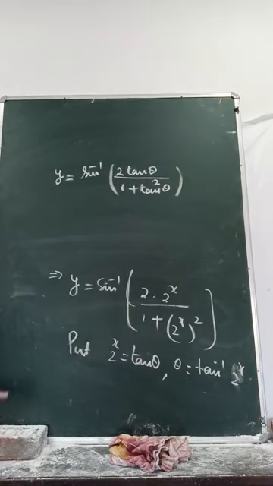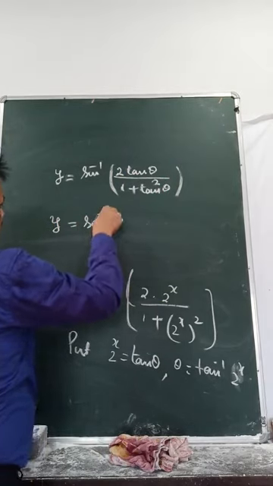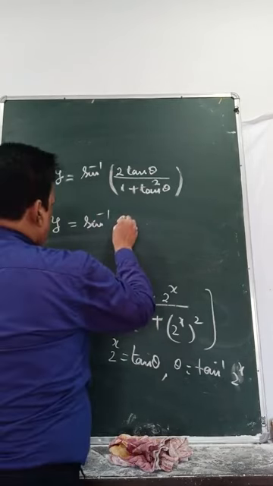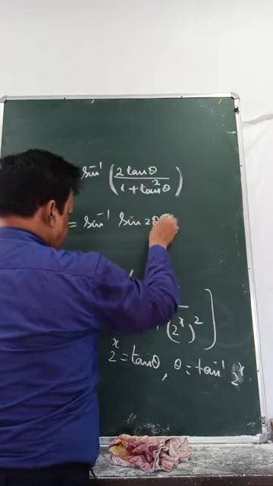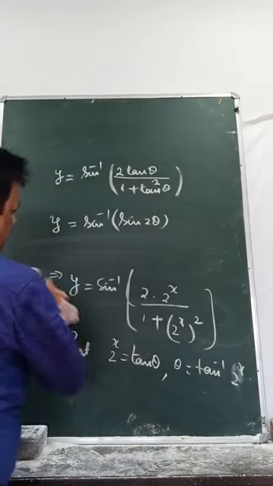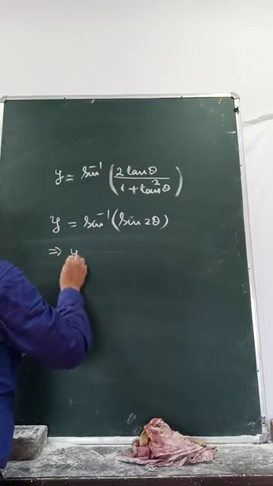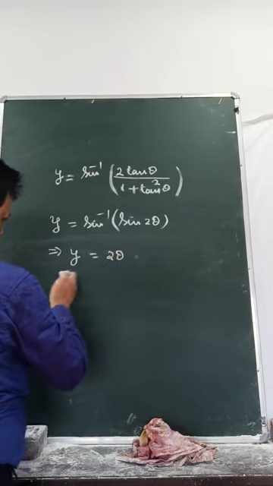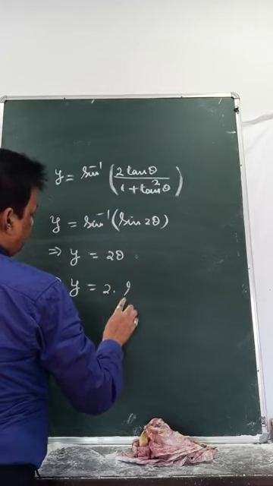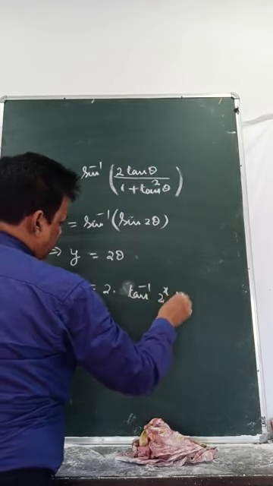Okay, that means you are getting y equals sin inverse sin 2 theta. That gives you y equals 2 theta, means y equals 2 into tan inverse 2 to the power x.